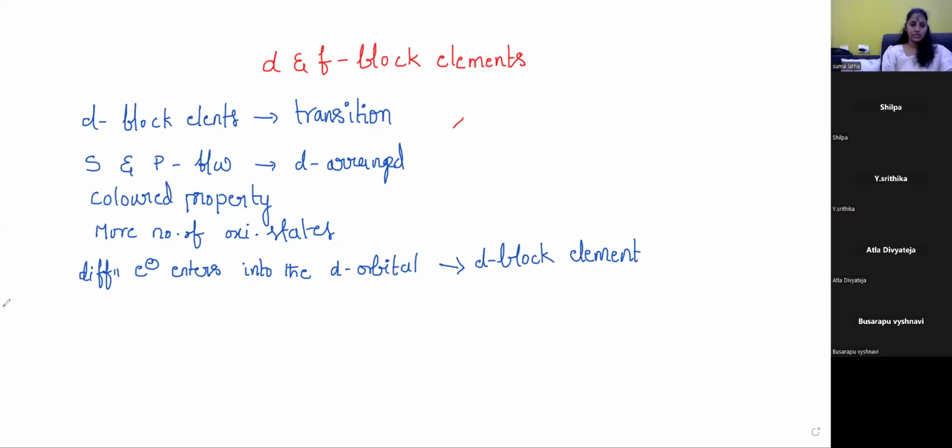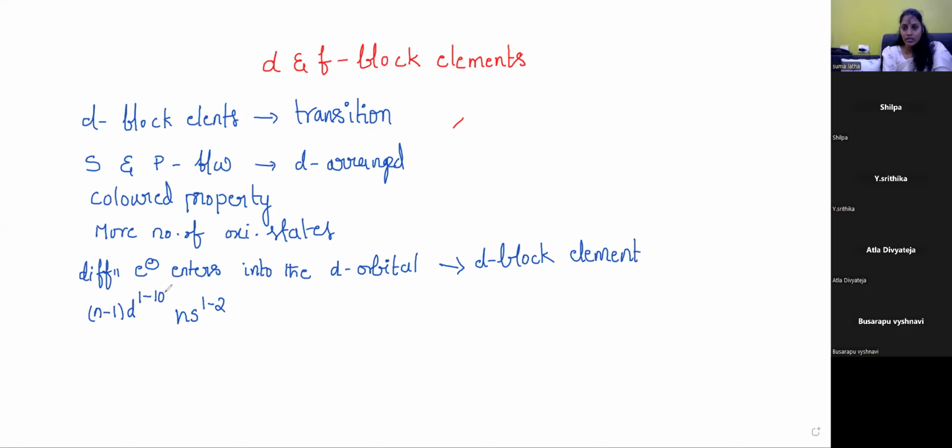So how can you identify that the differentiating electron enters into the d orbital? By knowing its general outer electronic configuration. What is that general outer electronic configuration? (n-1)d 1 to 10 electrons, and ns 1 to 2.